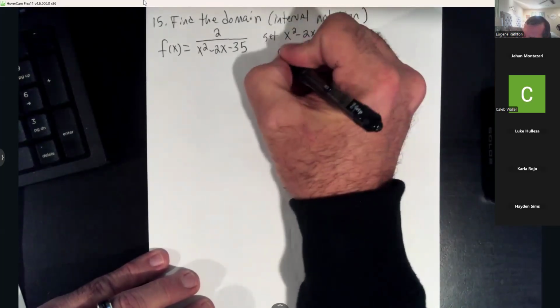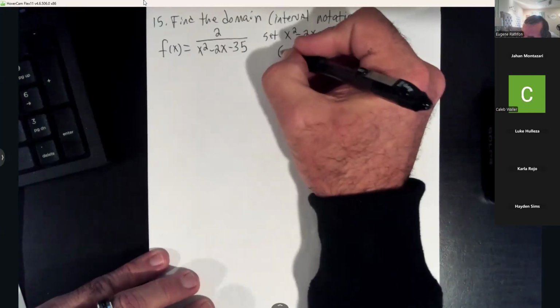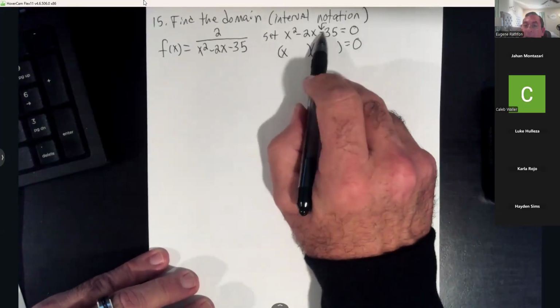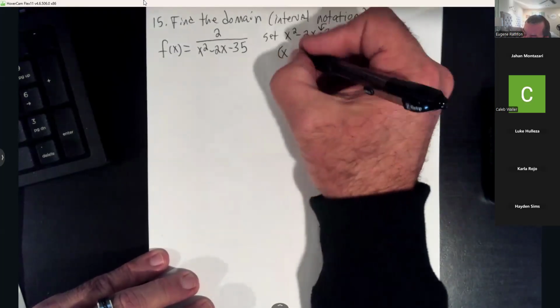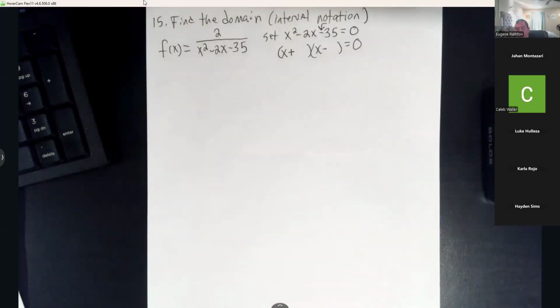So y'all, once again, you're going to have to factor. So x squared is an x and an x. Once again, that last number is negative. So one factor is positive, one factor is negative. All righty, y'all, let's see if y'all can find me factors of 35 that would subtract and give me 2.